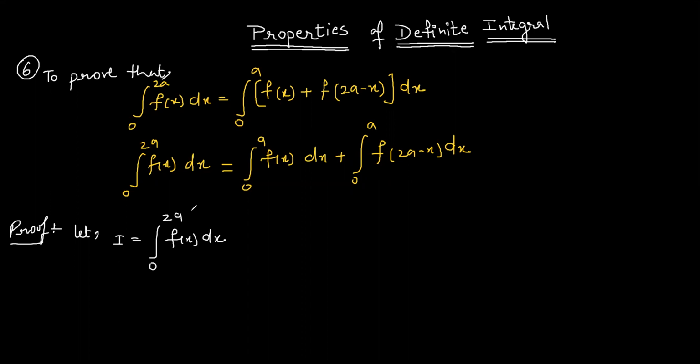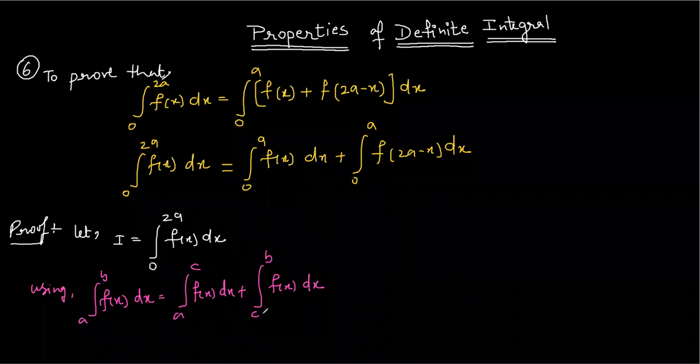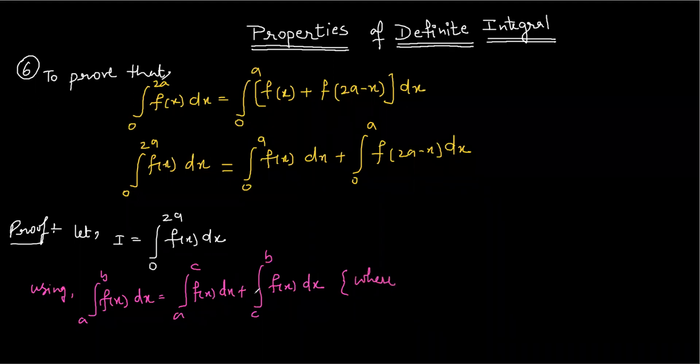Which property? If you remember, we have a property where I have a to b f of x dx, which can be written as a to c f of x dx plus c to b f of x dx, provided this number c, which is the intermediate number, lies in between a and b.